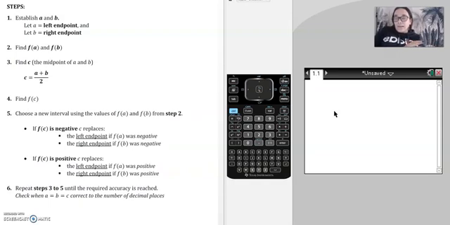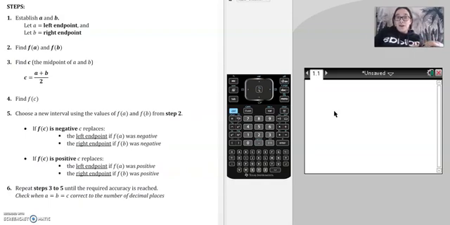Step 5 is probably the trickiest of them all. Choose a new interval using the values of F of A, F of B, in other words using your Y values, to make that decision from step 2. If the Y coordinate of your midpoint, your C, is negative, then it will replace the left endpoint if F of A was negative, or the right endpoint if F of B was negative.